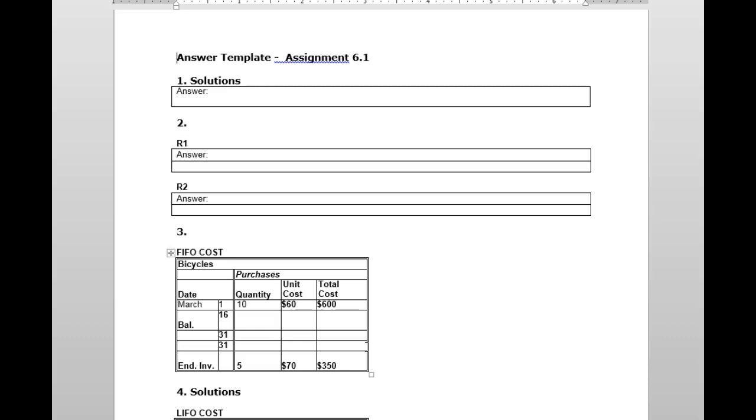So as you can see, how the economy is, or how the prices are changing, is a consideration on which valuation method you use for inventory.